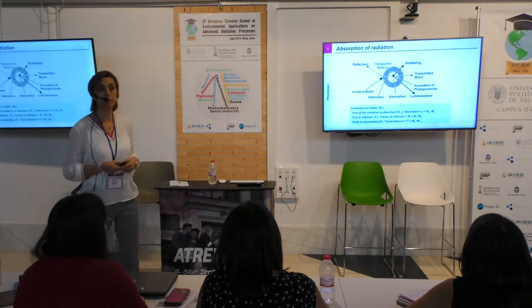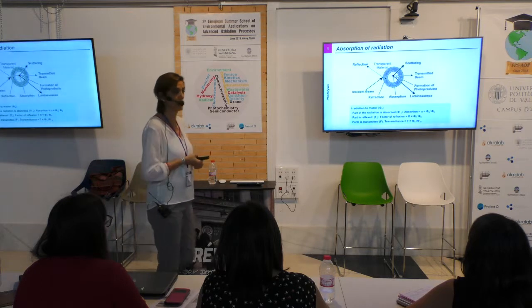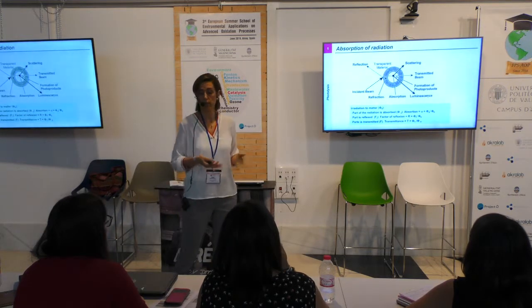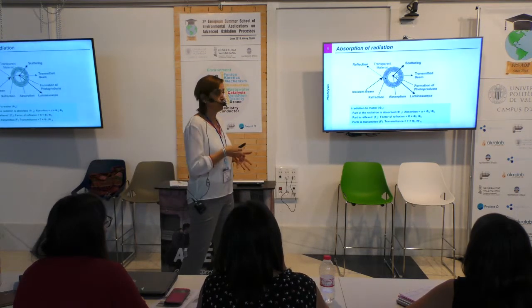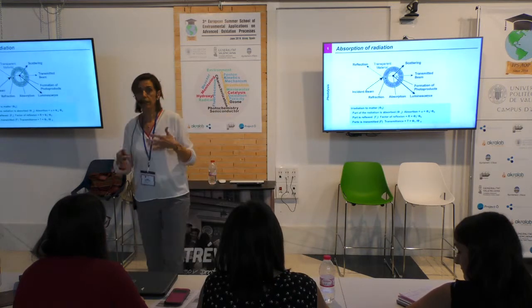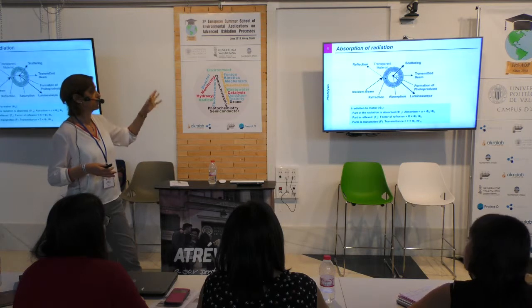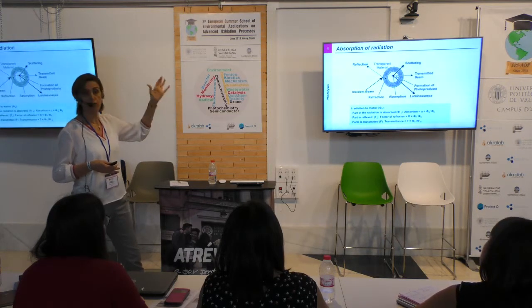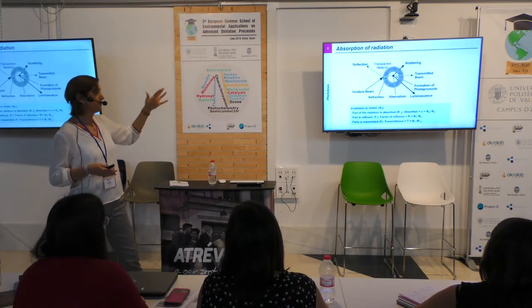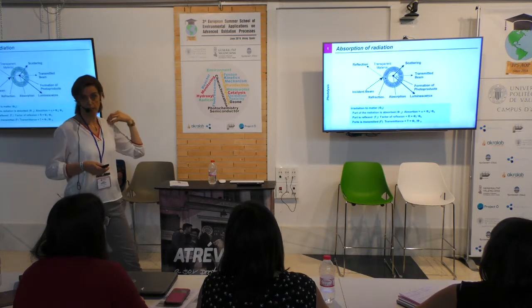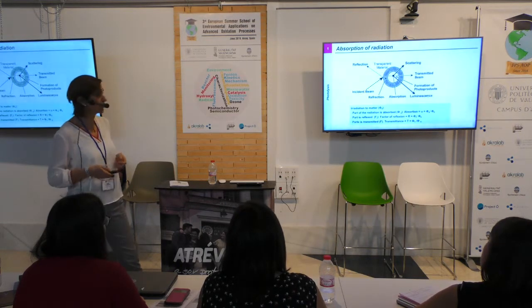Next, what happens with this radiation when it reaches the system, the matter that we are irradiating? Basically, different physical phenomena can happen. The most important ones are that part of the radiation can be absorbed, part is reflected, and part can be transmitted. Absorption is very important.